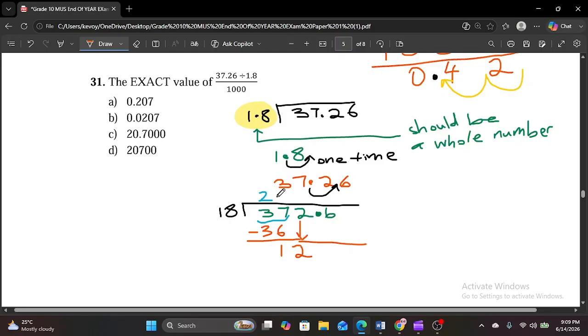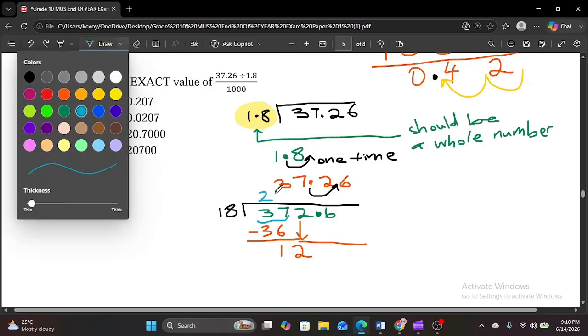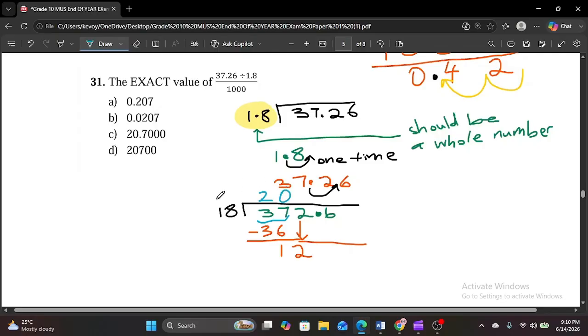How many times can 18 go into 12? That's 0 times. So it goes into it 0 times, and 0 times 18 is equal to 0. After you multiply, you always subtract, so you're going to be left with 12. Now, this is an important part for those who do not know. After you subtract, you always bring down.